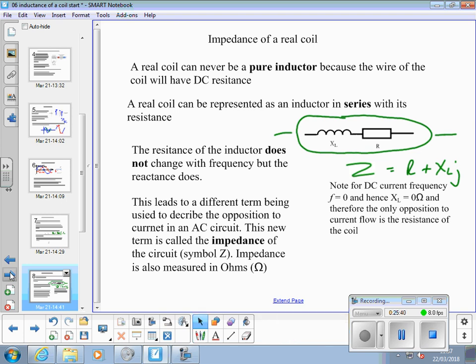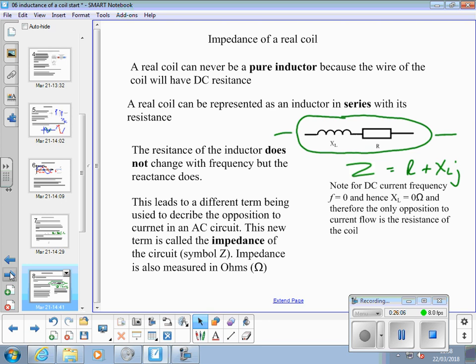It's just so that we can represent, if we're talking about this coil, the resistance as a series resistor. So that whole thing is sitting inside the box. Inside the box you've got an inductor representing the inductance in henries, and in series with a resistor representing its resistance.